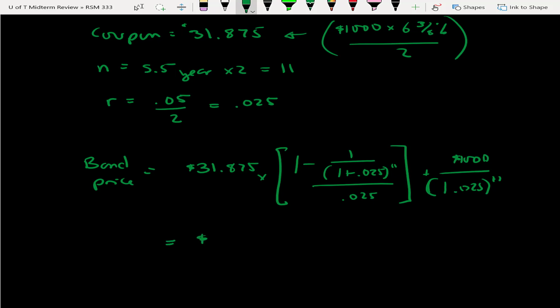And we get 1065.41. Okay, so this is the price of the bond, and it makes sense.